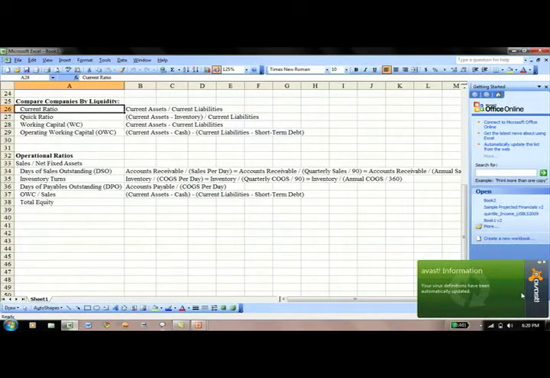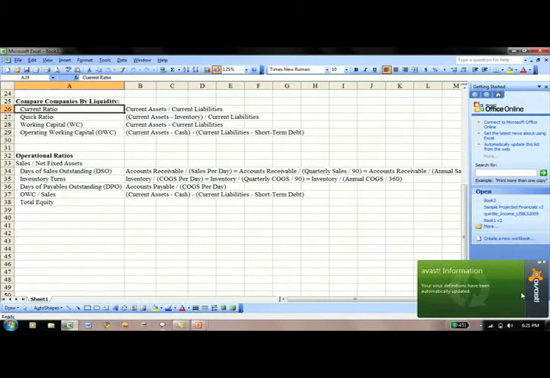How liquid are we? So that's called the operating working capital, which is current assets minus cash minus current liabilities minus short-term debt. And keep the parentheses here in mind. So you're basically subtracting two numbers. The first number is the current assets minus cash, and the second number is current liabilities minus short-term debt. And that difference is your operating working capital.